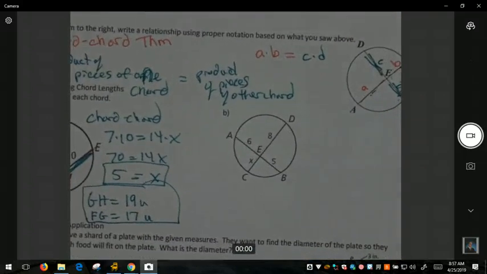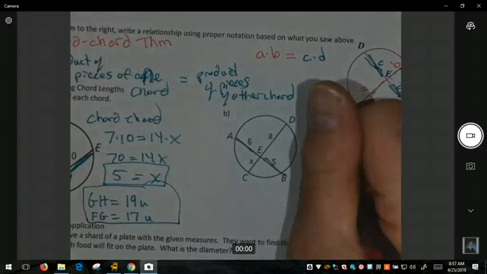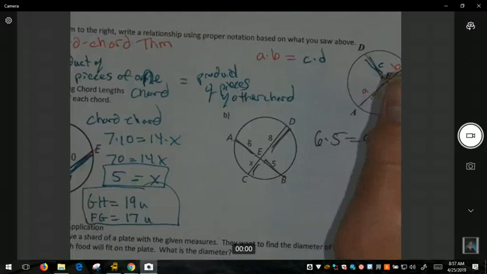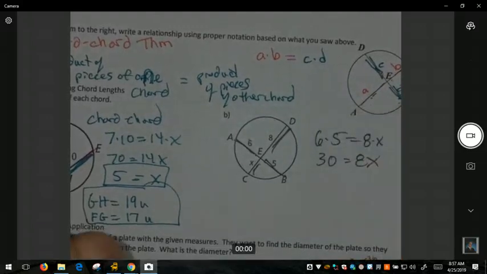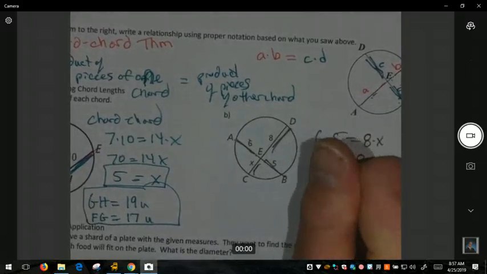In letter B, same idea. This is a chord, this is a chord, those are the two pieces. So I have that 30 equals 8x. 30 divided by 8 is 3.75.